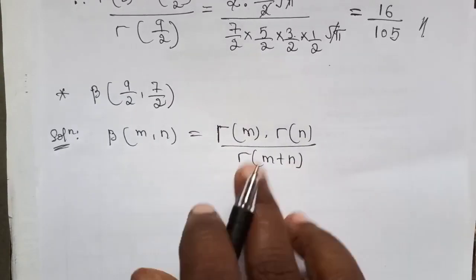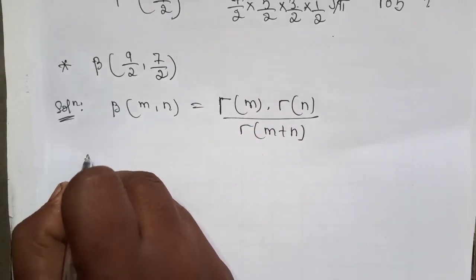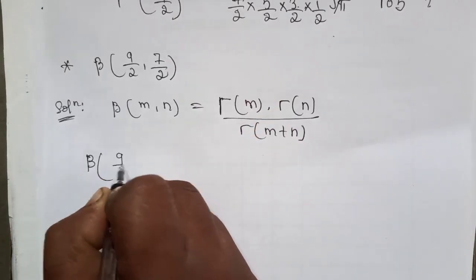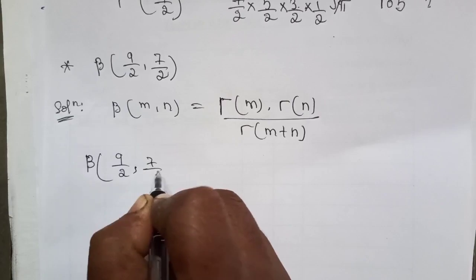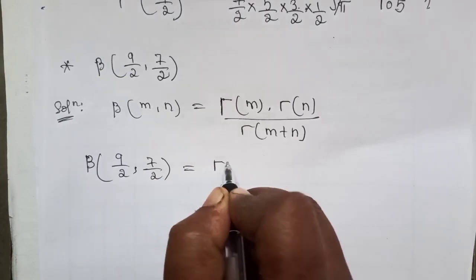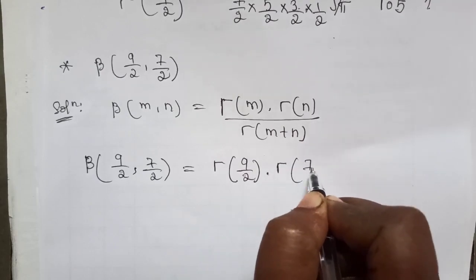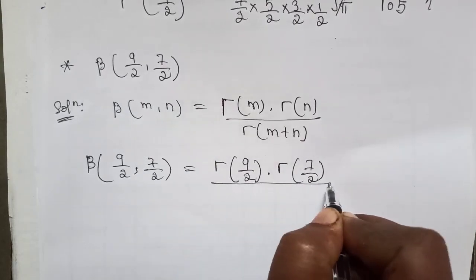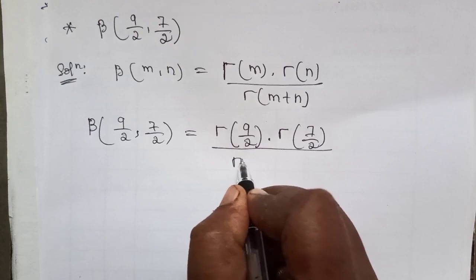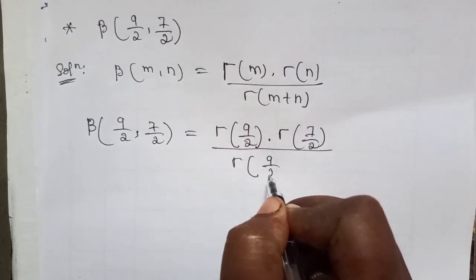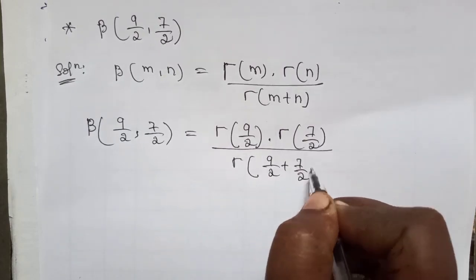Okay, by using this relation we can write beta of 9 by 2 comma 7 by 2 as gamma of 9 by 2 into gamma of 7 by 2 divided by gamma of 9 by 2 plus 7 by 2.